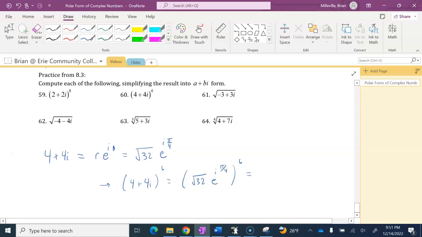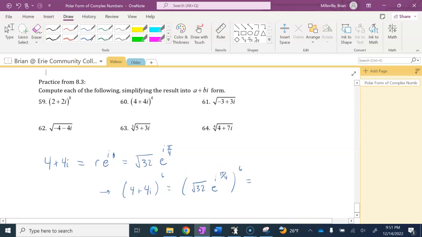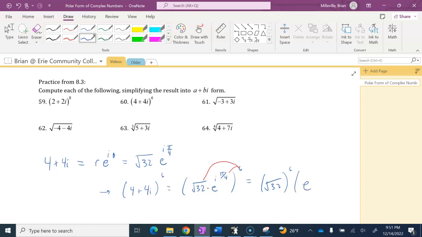Now, when we raise that to the 6th power, which we're indicated to do, is where we've got to follow our exponent facts. We can only distribute exponents to factors, not terms, so we're going to raise each factor to the 6th power. That would be rewritten as the square root of 32 raised to the 6th power, and then e to the i pi over 4 raised to the 6th power.